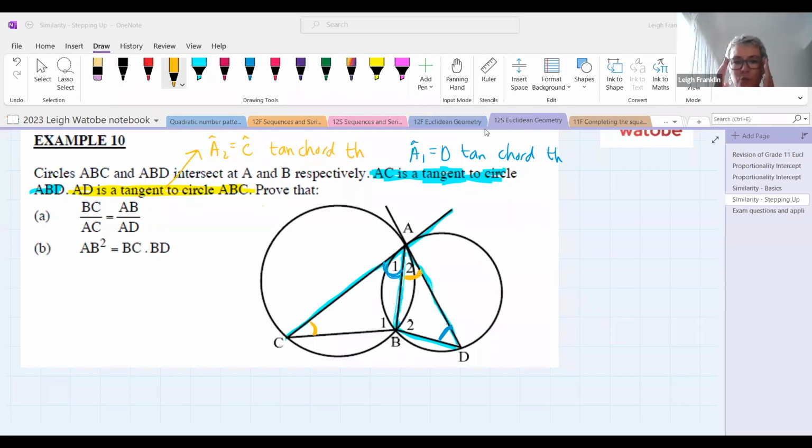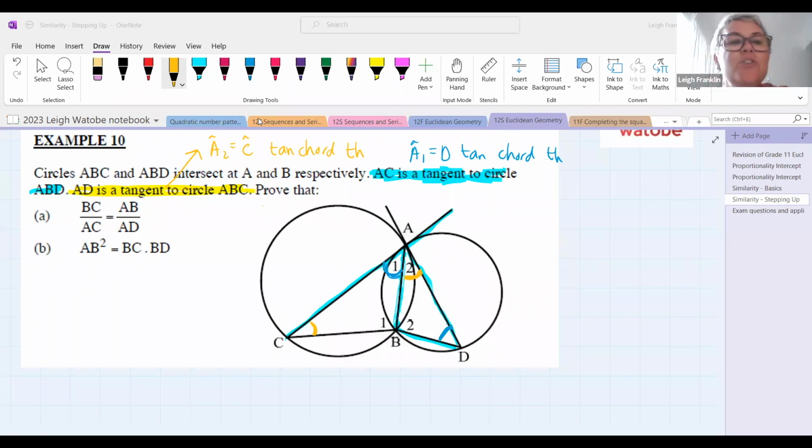Now, when we do this, we are not allowed to write. In maths, we're so used to seeing a question, putting the question on the page, and then starting to answer it. But here we are not allowed to do that. We are not allowed to begin by writing BC over AC equals AB over AD, because then we are making a statement like this is true, but we don't know that yet because we're still trying to prove it.